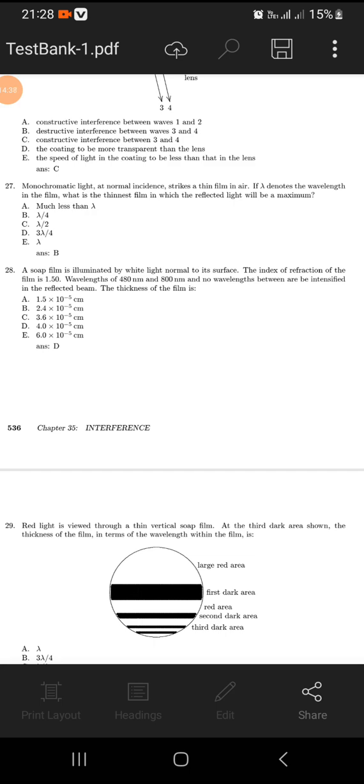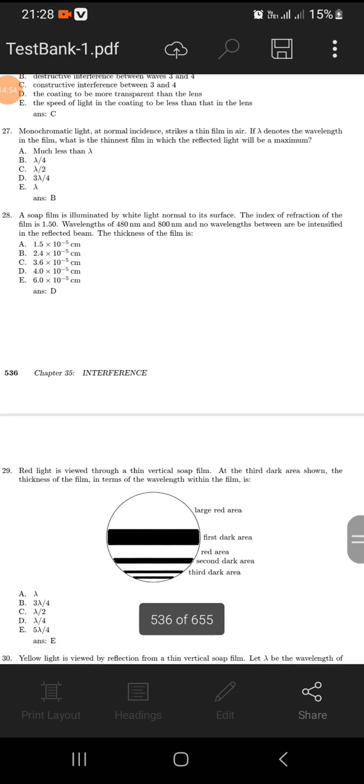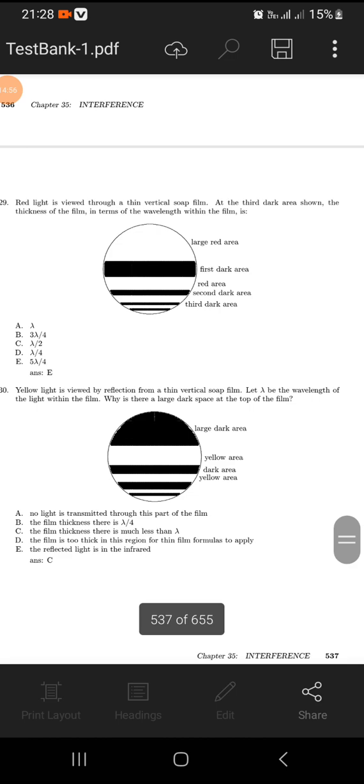A soap film is illuminated by white light. Red light is viewed through a thin vertical soap film at the thin dark area shown.